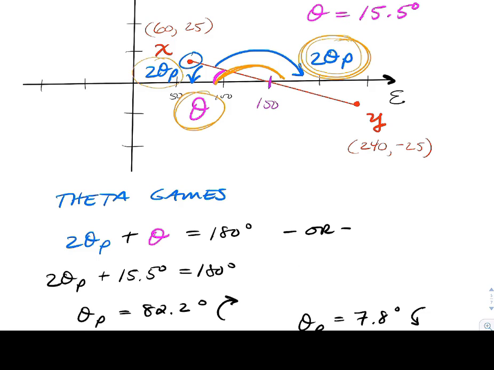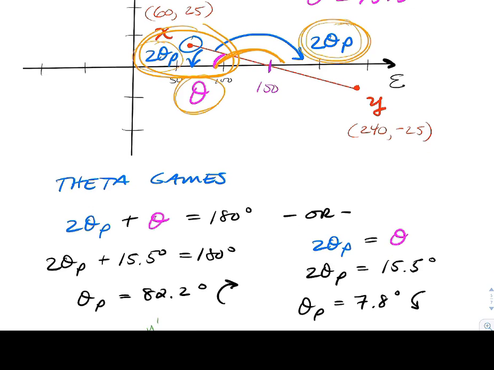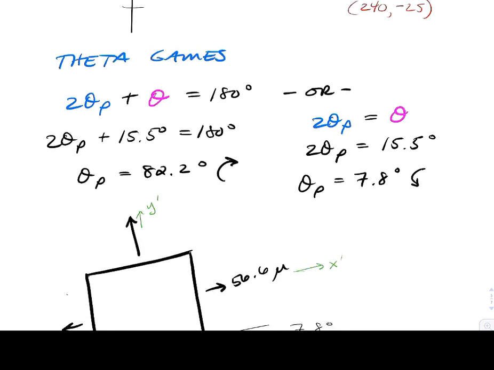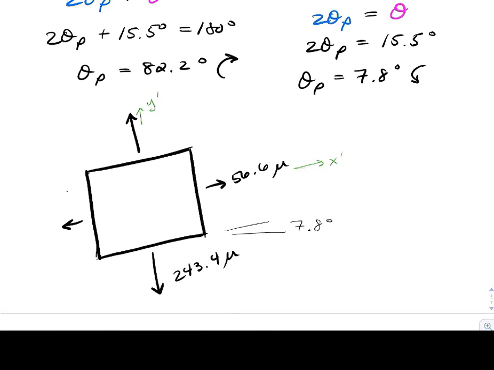Or looking in the counterclockwise direction, we see that the pink theta and 2 theta P are going to be exactly the same. And so we solve and get 7.8 in the counterclockwise direction. So if we draw that at theta P, we go in the counterclockwise direction. That means now that the x prime axis is sitting just about 8 degrees above horizontal.